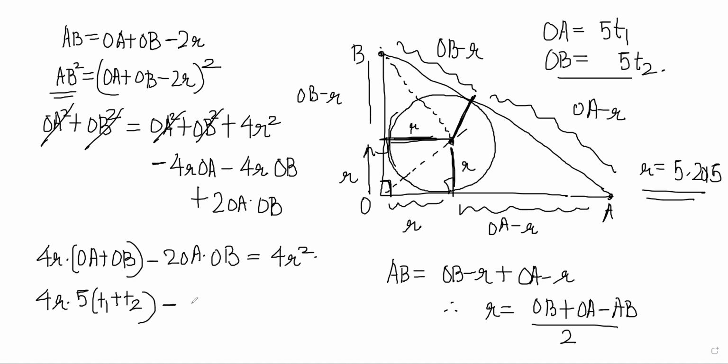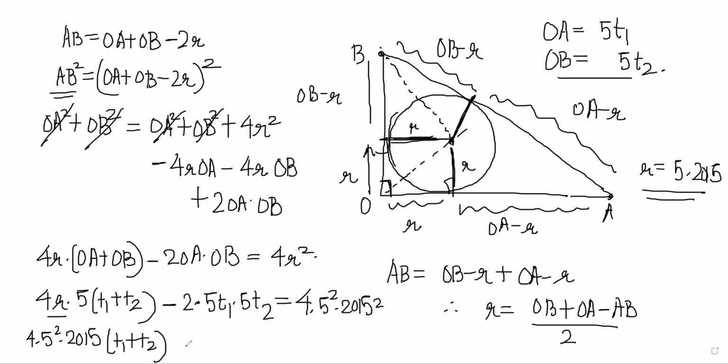And minus twice of OA into OB. That's twice of 5T1 into 5T2 is equal to 4 times R square, which is 5 square into 2015 square, right? And this was 4 into 5 square into 2015 T1 plus T2 minus 2 into 5 square into T1 T2 is equal to this, right?